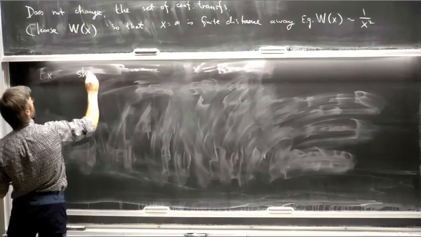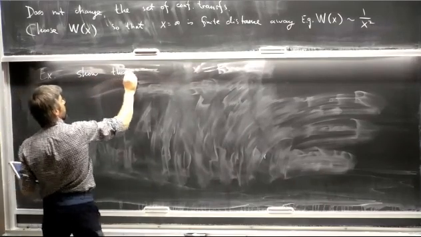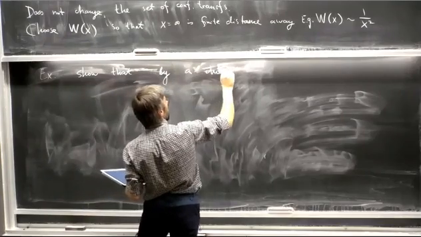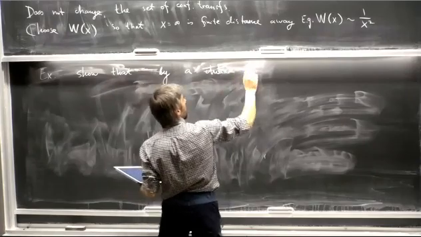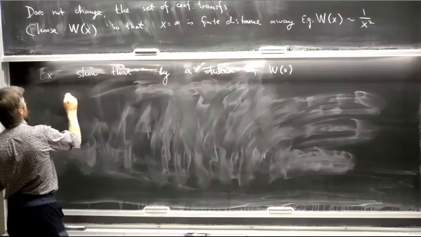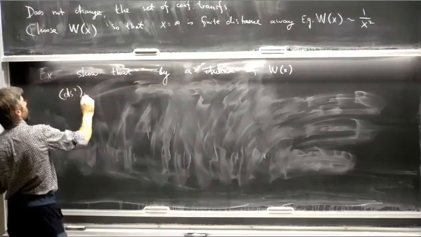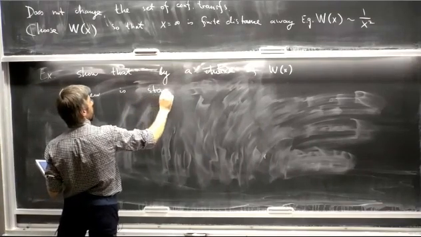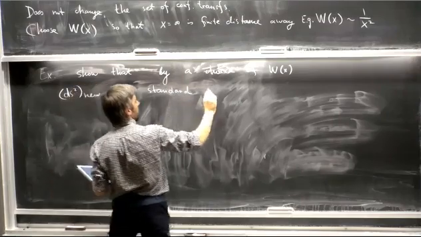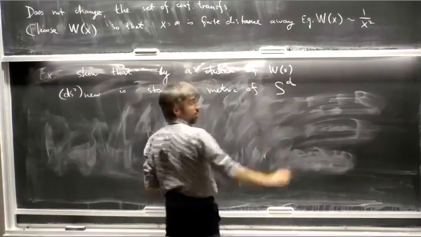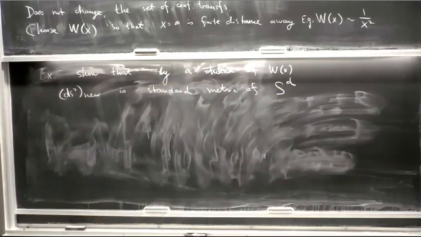So show that by an appropriate choice of w of x, you can arrange that the new metric ds squared nu is the standard metric on the round d-dimensional sphere S^D. So this is the origin of the terminology Riemann sphere.